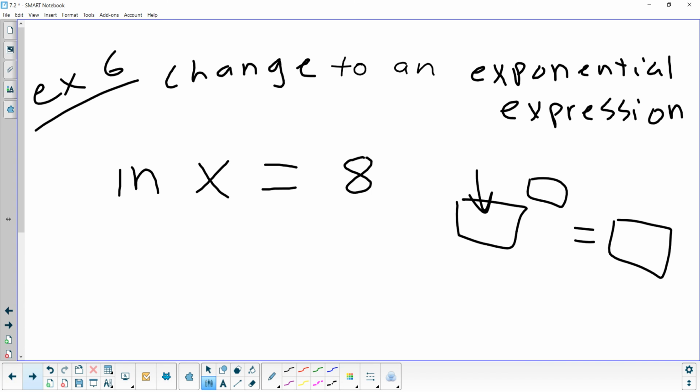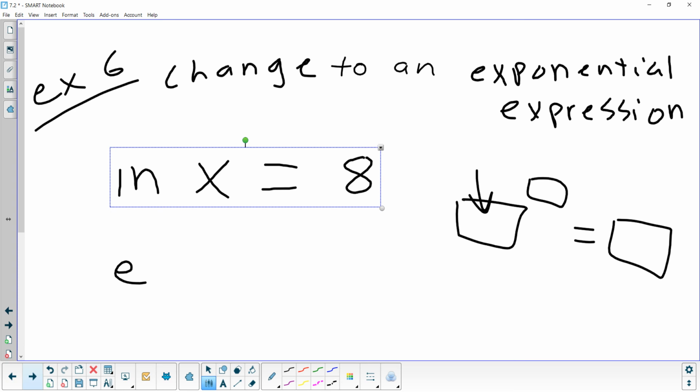It's hidden in the abbreviation. But what is the base of ln? What is the base of the natural logarithm? Yep, e. So e is my base. And this is still a logarithm. It's just instead of writing log, it's a special type of log called a natural log.